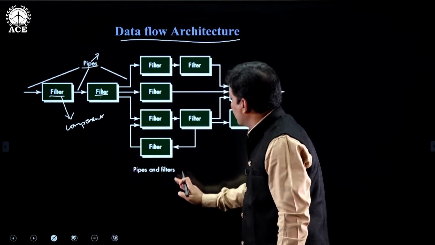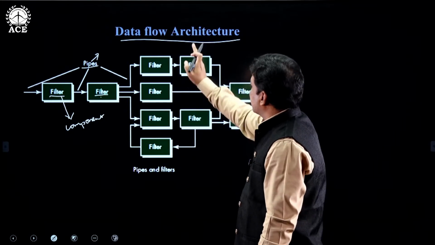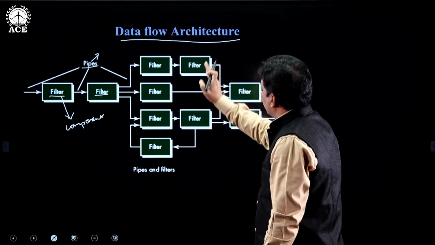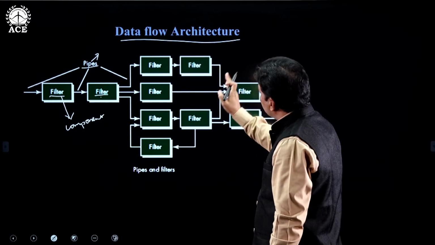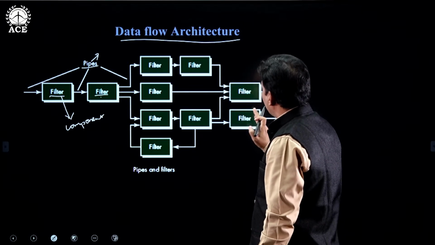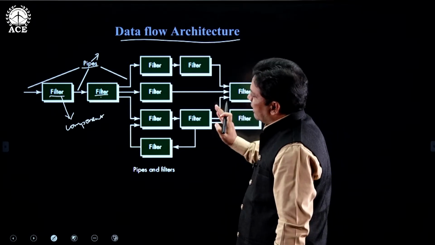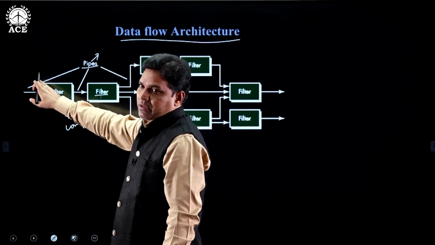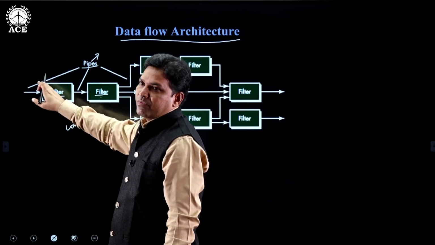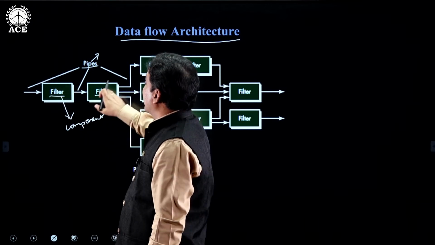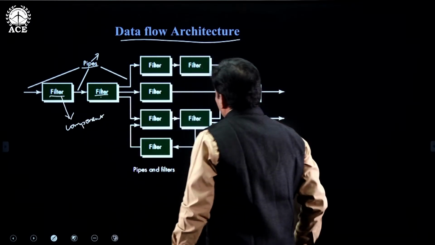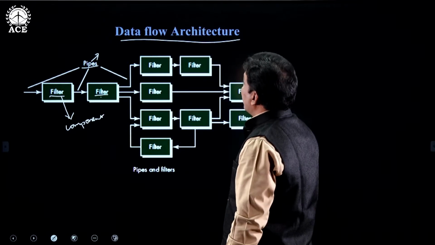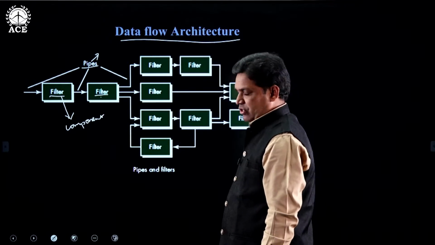Again, they process it and produce some output that is given to the remaining components. What is happening here is that the input or data which is given is processed at multiple components, producing some output. That is the importance of data flow architecture.